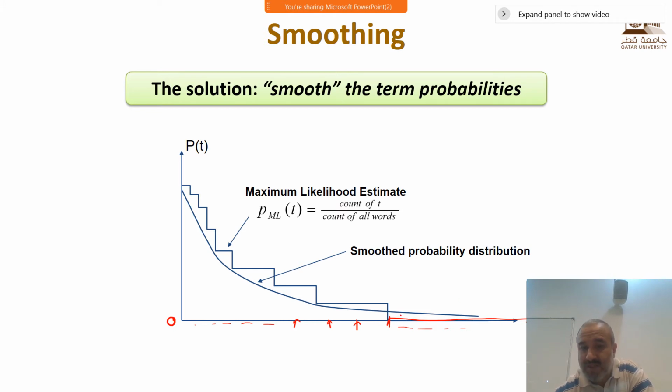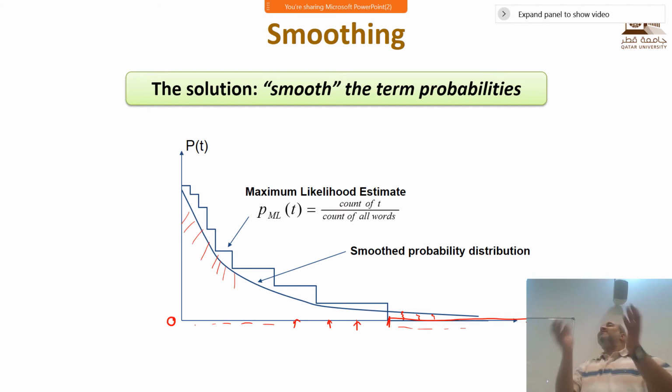So we are giving some of the probabilities to some of these unseen words, and that's of course at the expense of the probabilities of the seen words. So now the total probability under this curve should still be 1, because we took some of this and we added here.